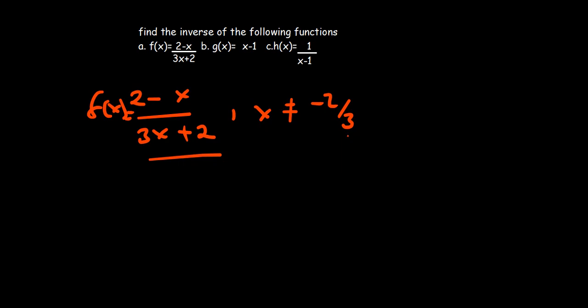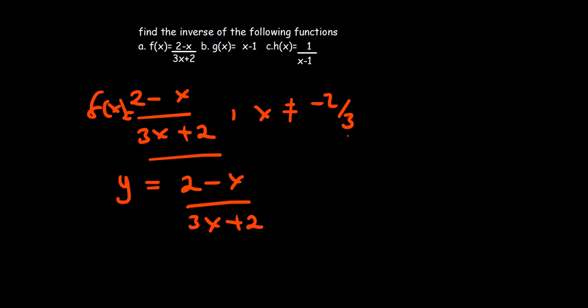If it's equal to that, this will be undefined. So the first step is you let y equal to that function, (2 minus x) over (3x plus 2). From there, you make x the subject of the formula.